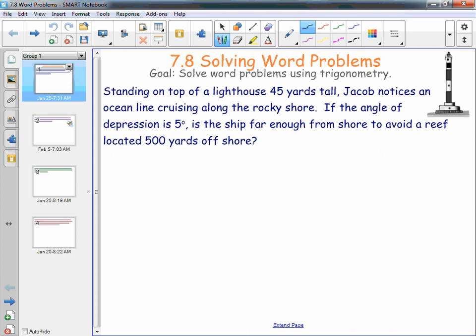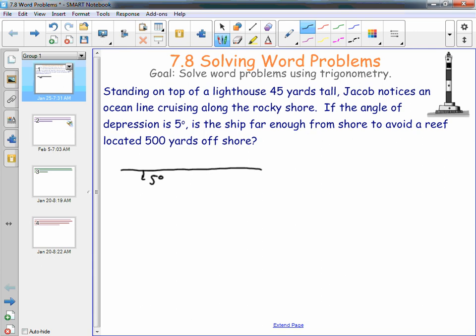So in our first example, we are standing on top of a lighthouse 45 yards tall. Jacob notices an ocean line cruiser along the rocky shore. If the angle of depression is 5 degrees, we start with drawing our horizon, and we know that we are going down 5 degrees.